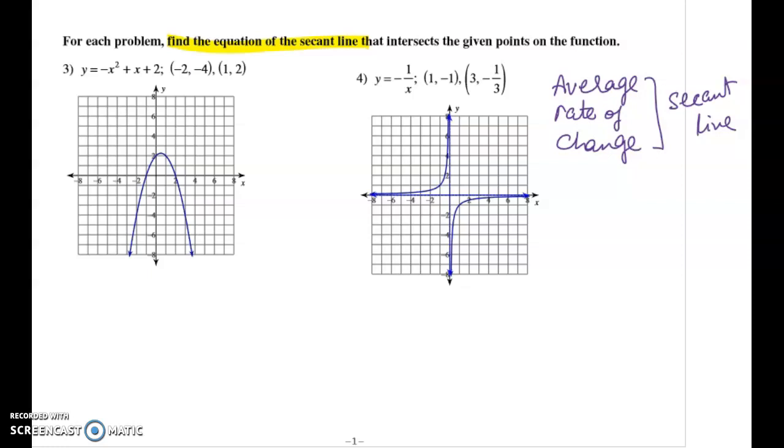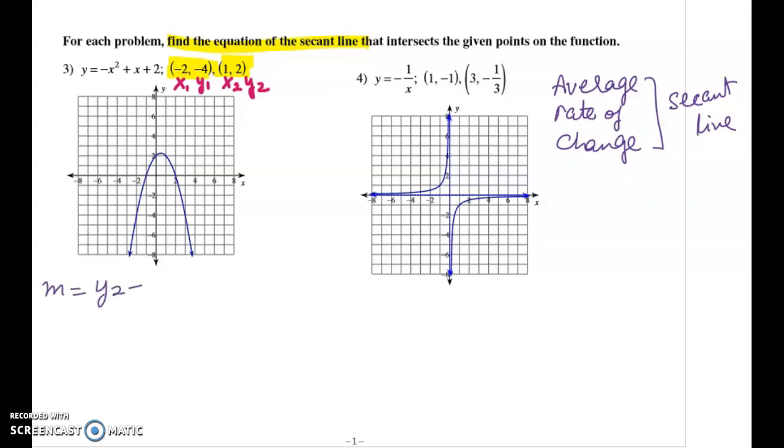So let's get started. If you look closely, these are open intervals. Because they are open intervals, that means we have x1, y1, x2, y2. Can I find a slope? Yes.